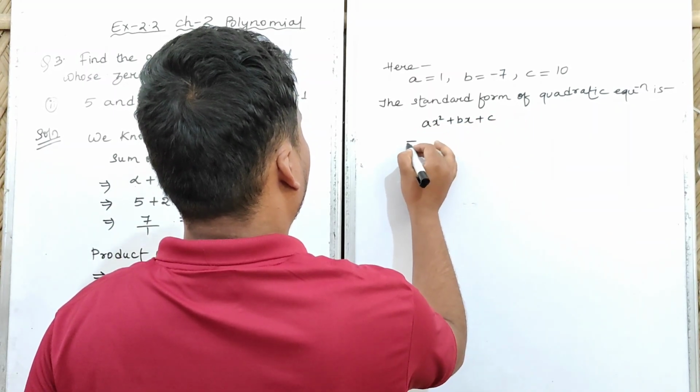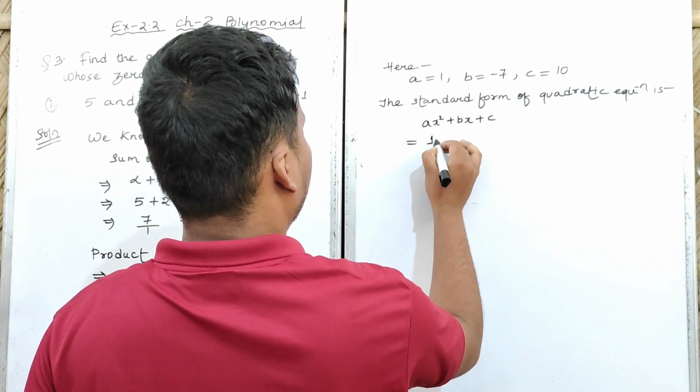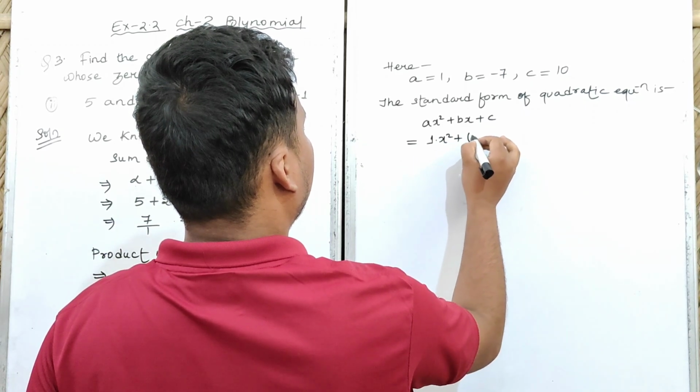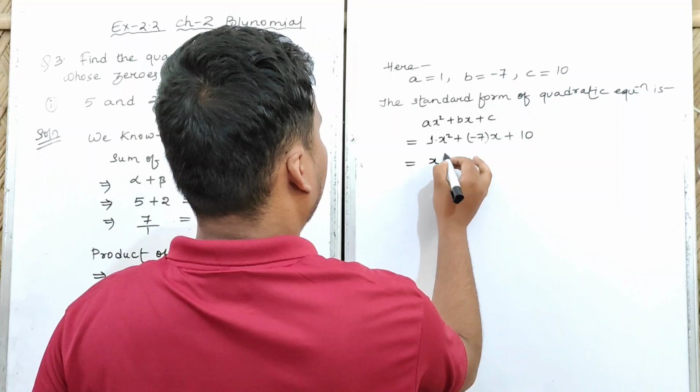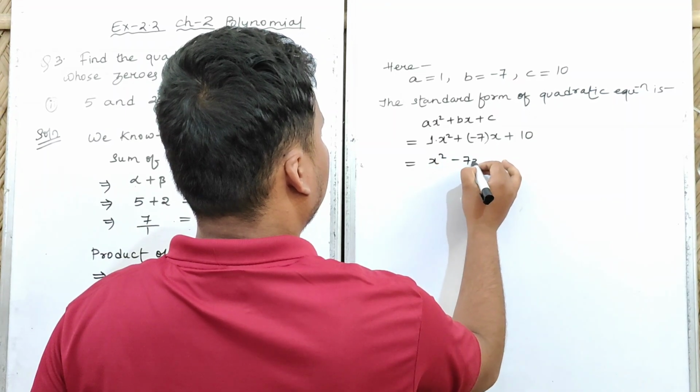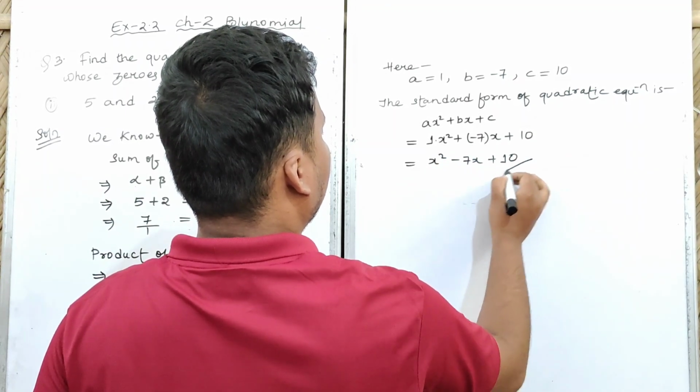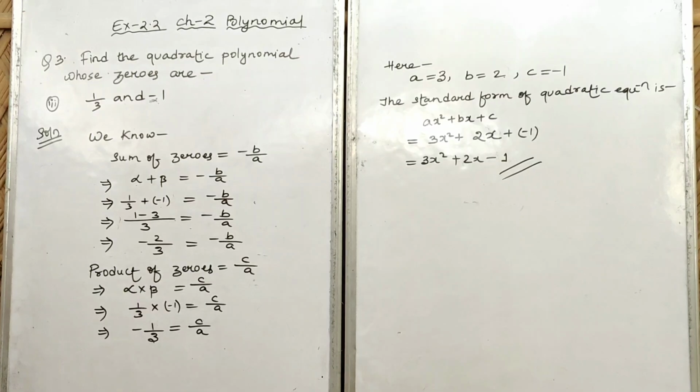So this is the standard form. Now put the value, a कितना मिला हम लोग को 1. So 1 into x square plus b how much you got -7x plus c कितना मिला 10. So x square plus minus 7x plus 10. So this is our required quadratic.